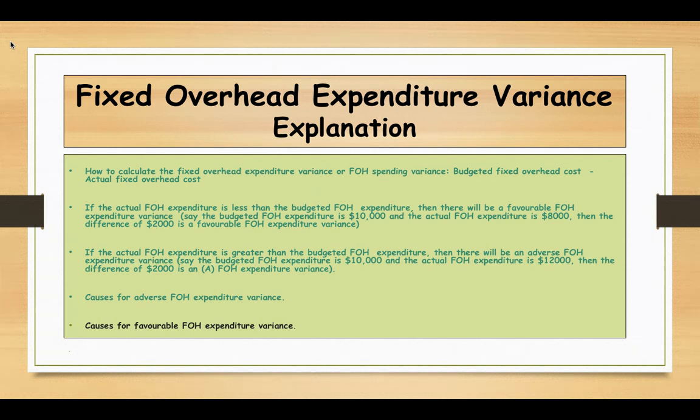So the cause for a favorable fixed overhead expenditure variance, say in an off-peak season, is that your actual fixed overhead expenditure will be lower than the budgeted fixed overhead expenditure. So you will end up with a favorable fixed overhead expenditure variance.